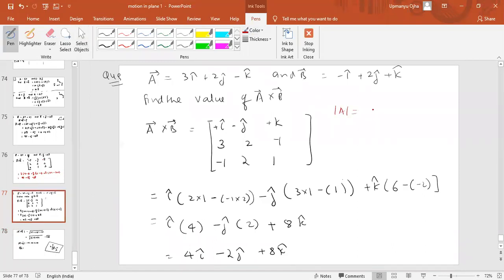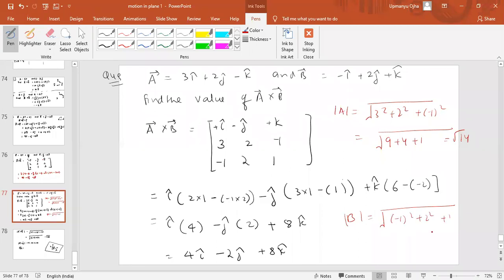So mod A will be equal to how much? Square root of 3 square plus 2 square plus minus 1 whole square, which will come as 9 plus 4 plus 1. Root 14 is mod A, and mod B will be equal to square root of minus 1 whole square plus 2 whole square plus 1 whole square, which is 1 plus 4 plus 1, root 6.